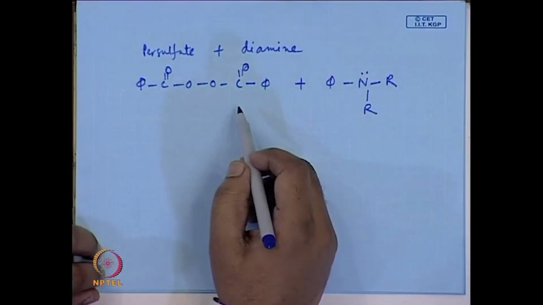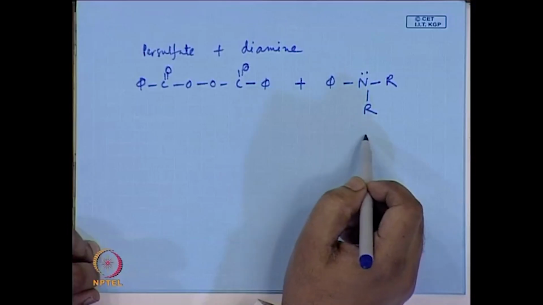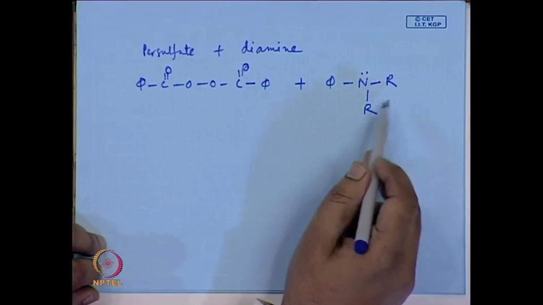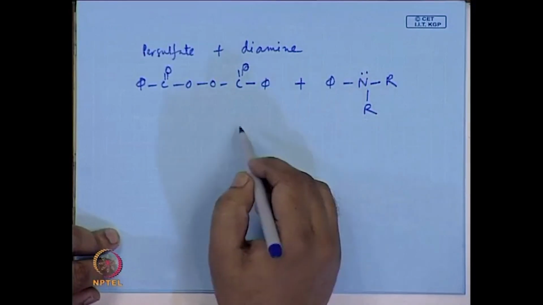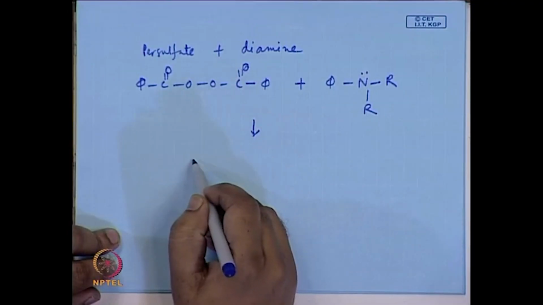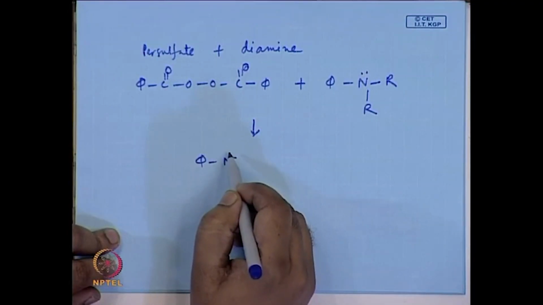Here we have benzoyl peroxide and, say, a diethyl amine. If R is an ethyl group, then it reacts and gives this.